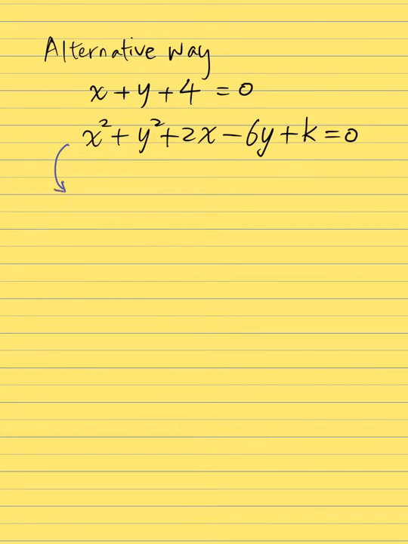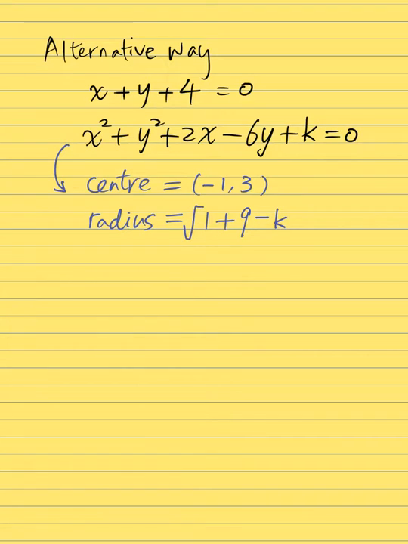From the equation of the circle, you can easily write down the center, which is (negative 1, 3), and the radius, which equals the square root of 1 plus 9 minus k, that is, square root of 10 minus k. You can get this by formula or by completing the square.